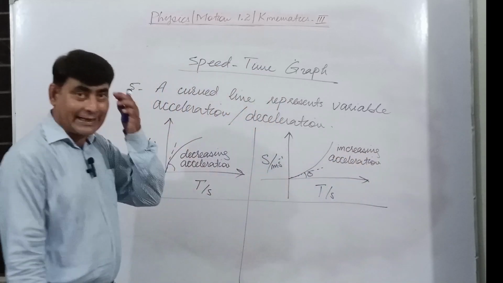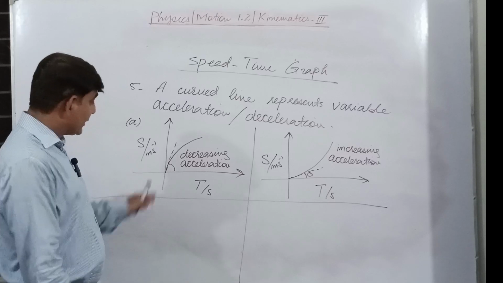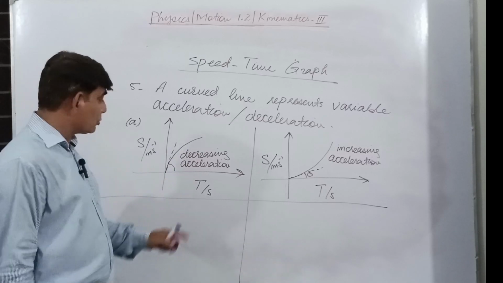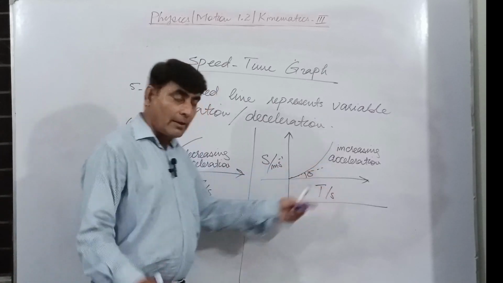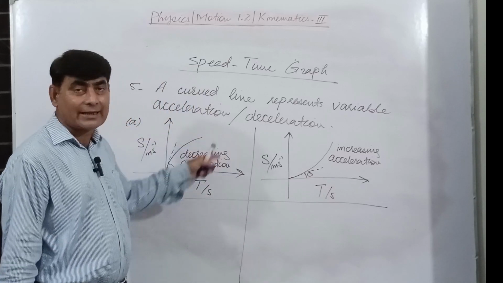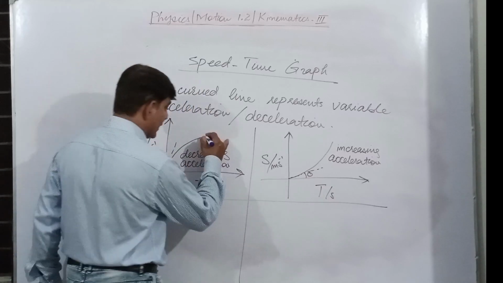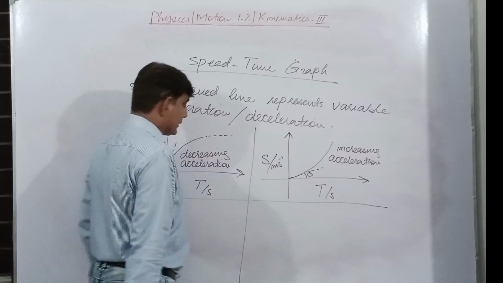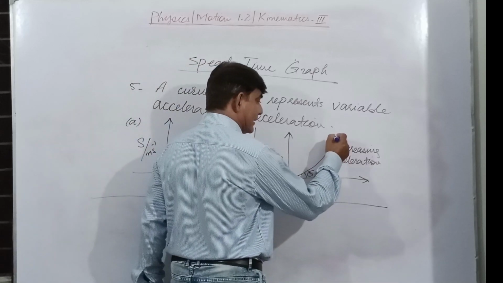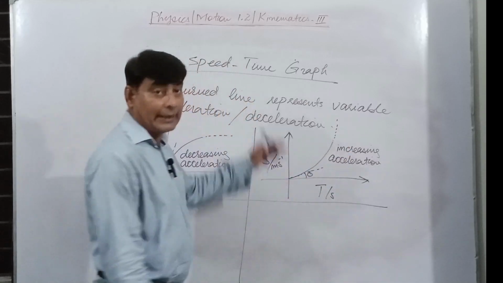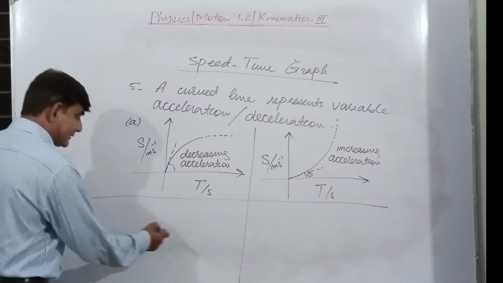Both curves have an angle with the x-axis smaller than 90, we must use the word acceleration. But this curve is going to be parallel to the x-axis, so this is decreasing. This curve is going to be parallel to the y-axis, therefore it is increasing.